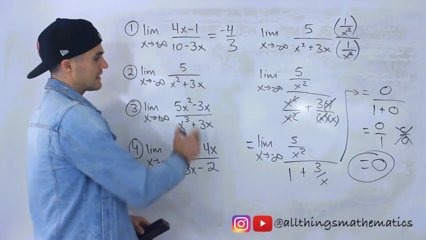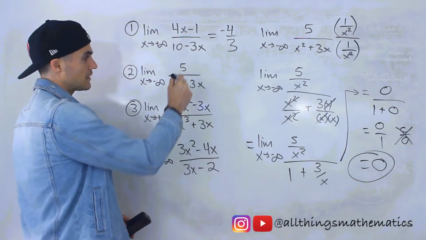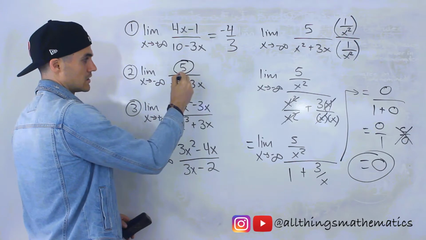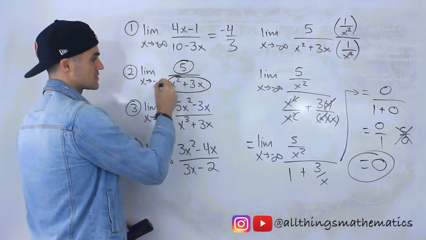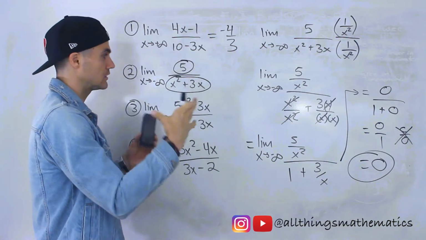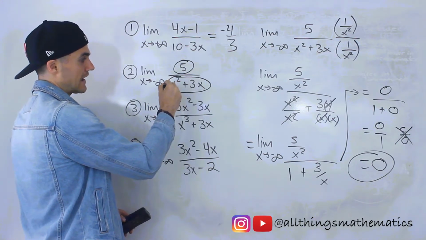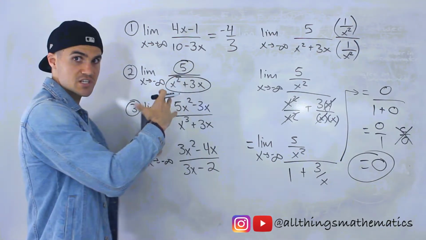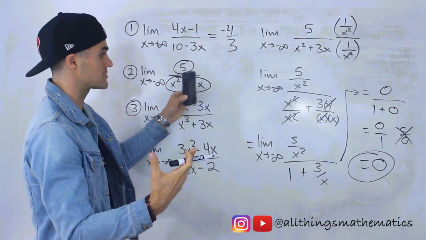You can actually think about this logically from a higher level. You have a constant over x squared plus 3x. So what's going to happen as x approaches negative infinity, as it gets really, really large? You're going to have negative infinity squared, which is a really large positive number, plus 3 times a large number.